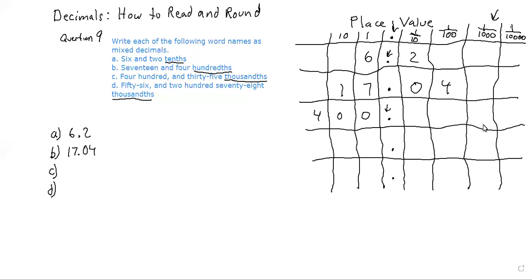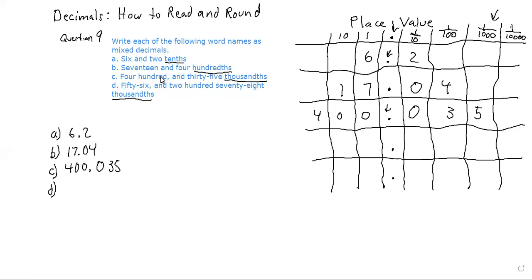The 5 is the last digit on that, and this is going to be 35. If we have any blank positions after the decimal point, we just put a 0 there. So this turns out to be 400.035.